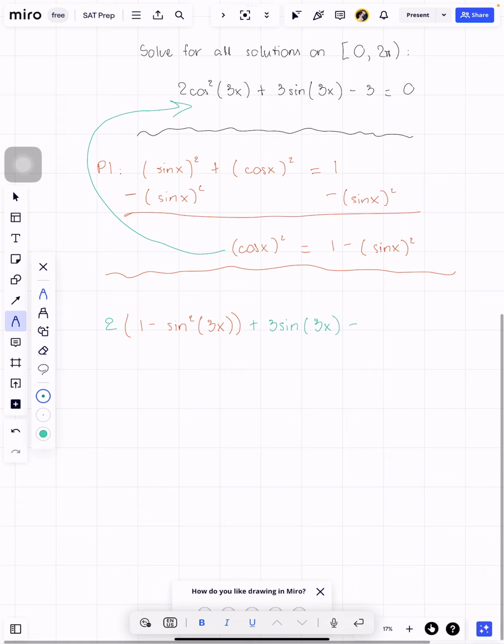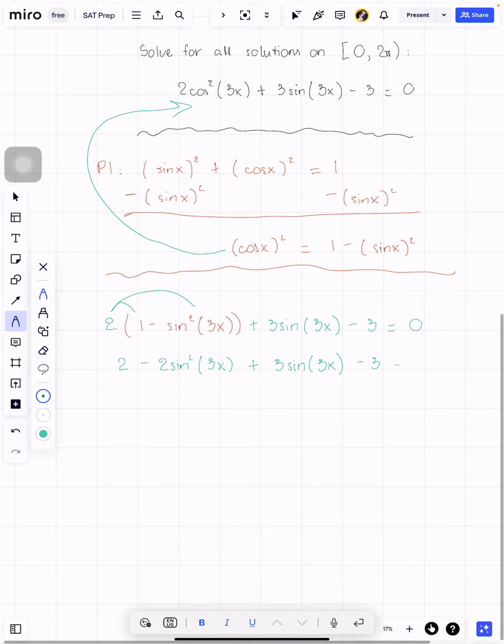After this, we would use our arithmetic knowledge to break out the parentheses. So for this step, I'm going to multiply the 2 on the inside, and I'm going to get 2 minus 2 sine squared 3x. And I'm just going to copy down whatever I haven't worked on to here.